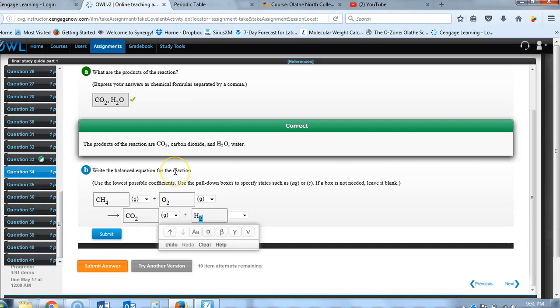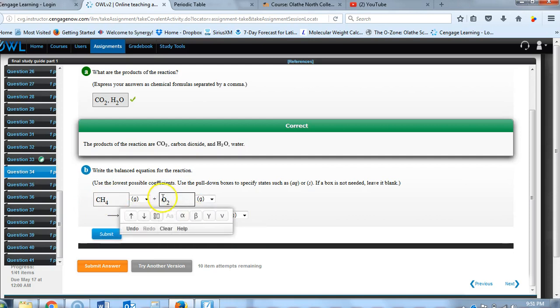And H2O, and that will be a gas. Now, 1 carbon, 1 carbon, 4 hydrogens, 2 hydrogens, so we need a 2 out front. That gives us 4 hydrogens, 2 oxygens here, 2 oxygens here, so we need 2 out front of that guy.